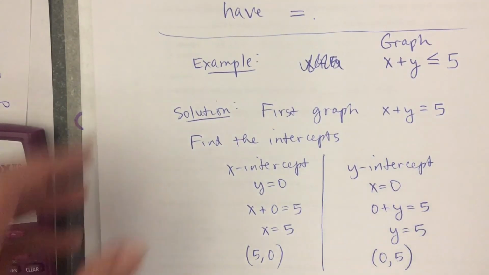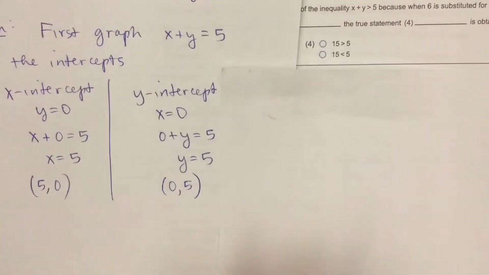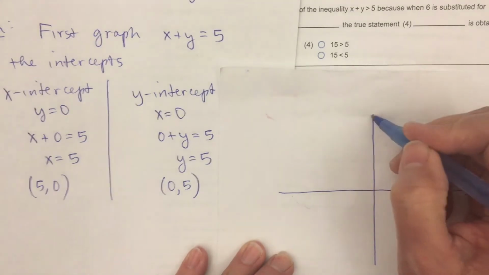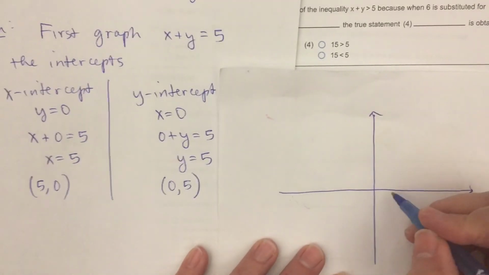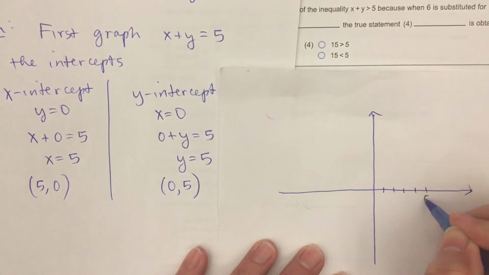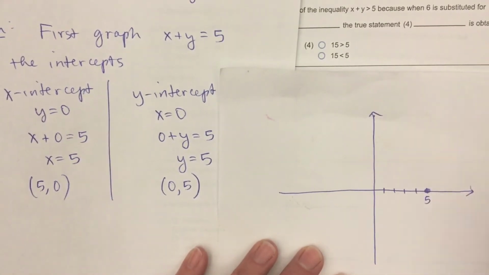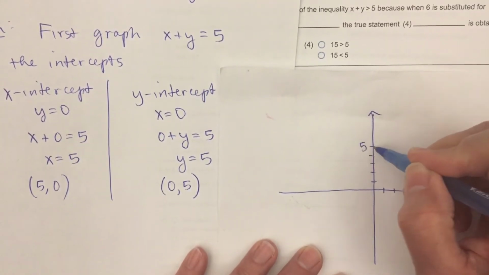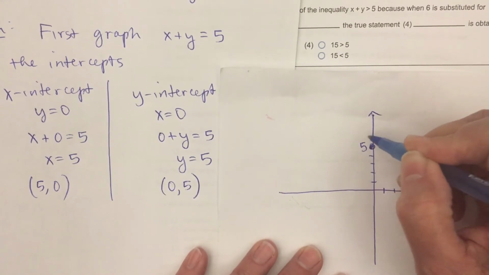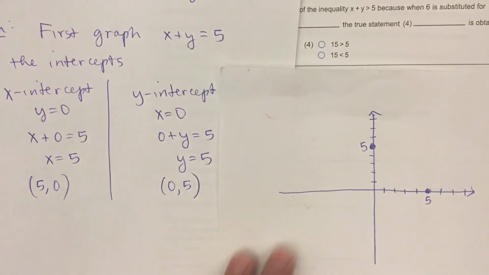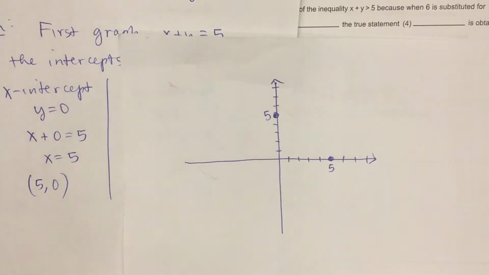Now I'm going to set up my xy axis. 5, 0: 1, 2, 3, 4, 5 on the x-axis and put a dot. 1, 2, 3, 4, 5 on the y-axis for 0, 5. I'm going to put a few more tick marks on my graph. Connect the dots.